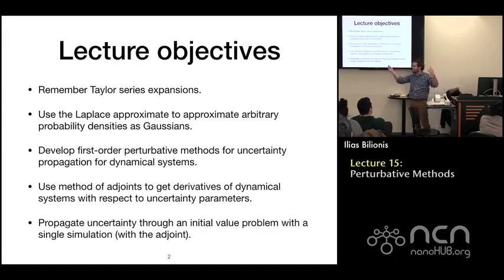We need derivatives of these models, and to get the derivatives of models that are dynamical systems, we will need the method of adjoints. So keywords you need to remember: Taylor series, Laplace approximation, first order perturbative method, and the method of adjoints.